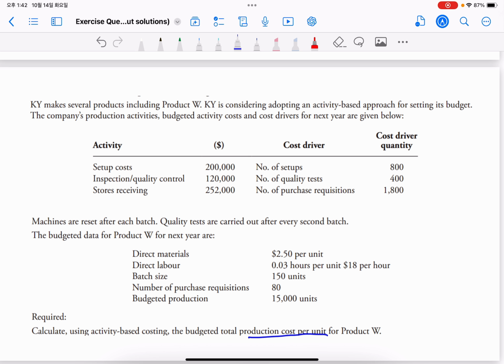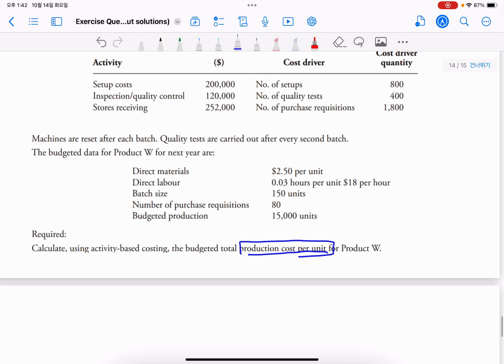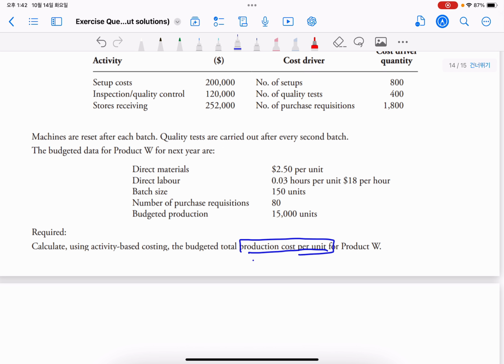Again, assume that you have already gone through and you have some final numbers. Let's go through this question together. Here we are interested in calculating the total production cost per unit. Total production cost per unit includes not only the overheads, right? We actually need to also add up the direct costs like the DM and DL.